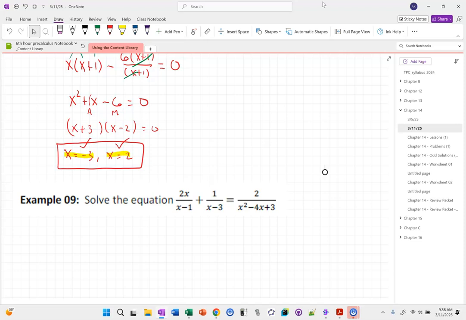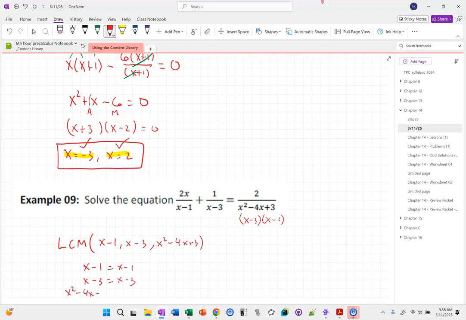So to find that least common multiple, I'm going to start by factoring the x squared minus 4x plus 3. So x minus 1, no factoring needed there. X minus 3, no factoring that can happen there.